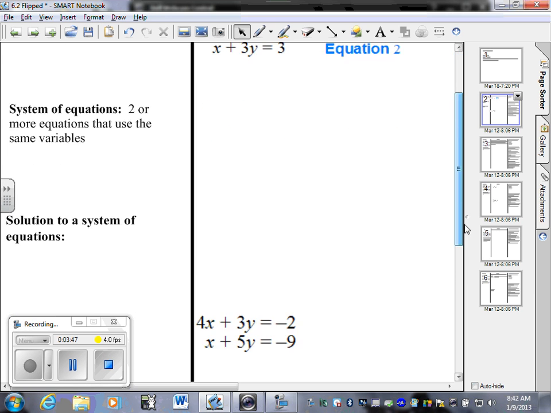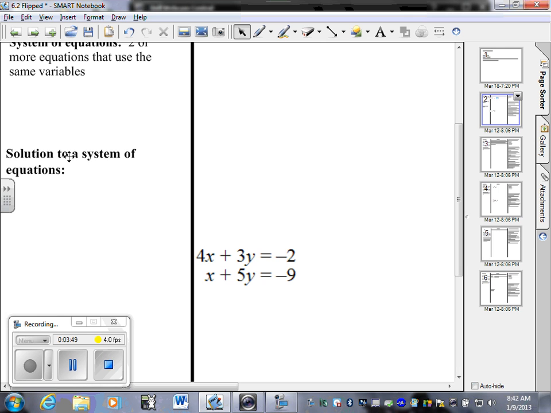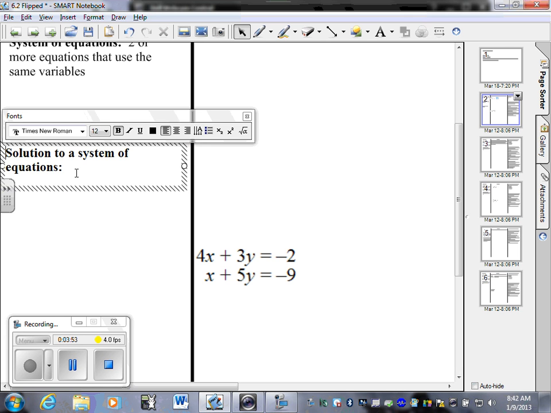Now, what does it mean to be a solution to a system of equations? Well, we just highlighted that by showing the graphing technique. What we were looking for when we solved by graphing was where the two lines, each representing an equation, intersect.